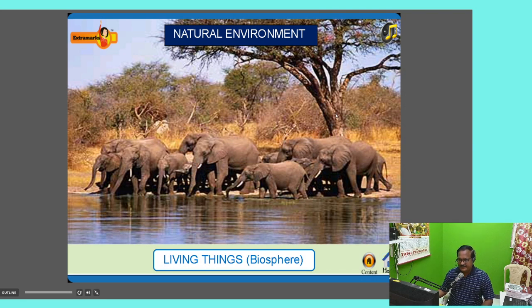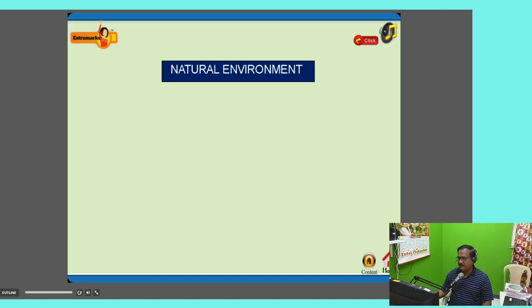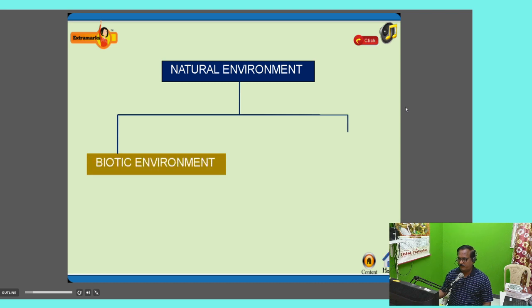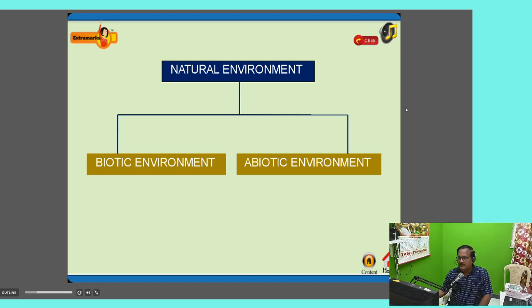What are the things that come under natural environment? All these four you have to write it. Natural environment is composed of biotic environment and abiotic environment. We will learn about both of these in the following slides.